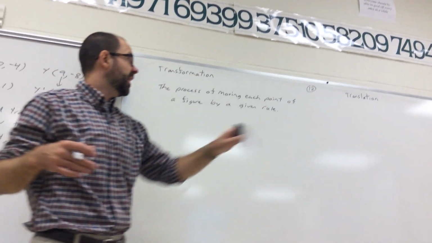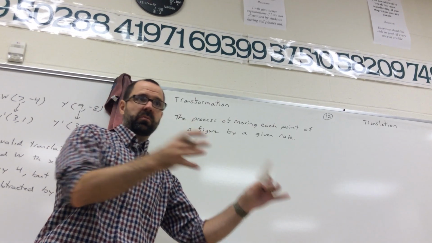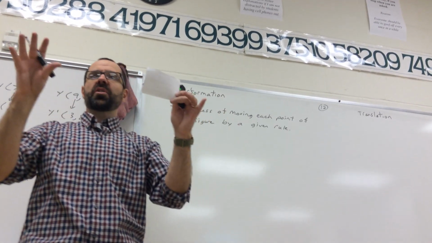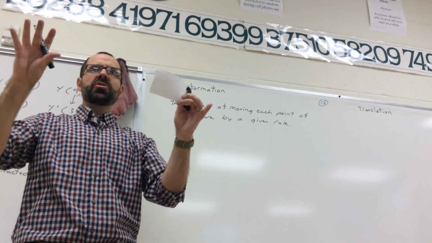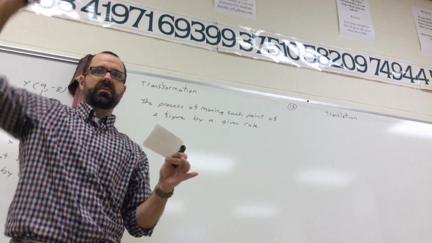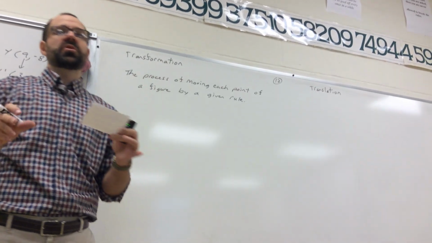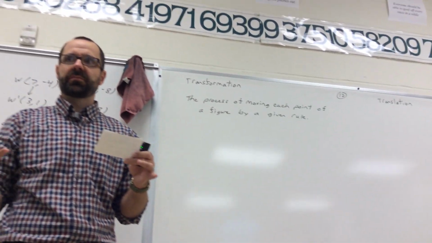And the one we had today is a translation, and that's when everything gets moved this way. But we're going to have other ones in the future, like for example, a rotation, and that's when everything would get moved this way instead of this way. So that's a different type of transformation.